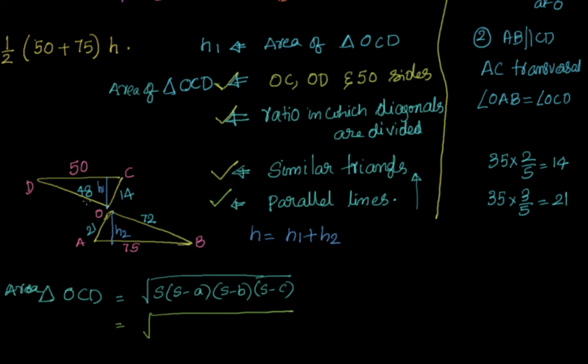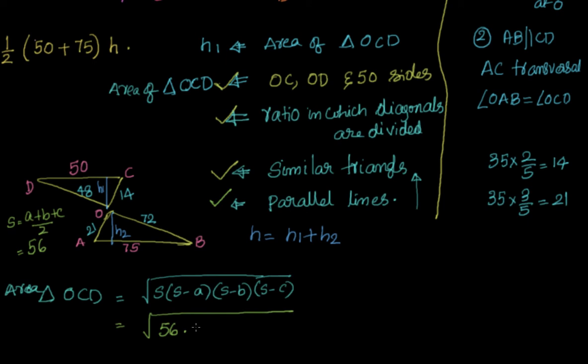I am going to do this quickly. S is A plus B plus C by 2. I will write it down for you. 48 plus 50 is 98, 98 plus 14 is 112, by 2 is 56. So S is 56. We are considering triangle OCD.